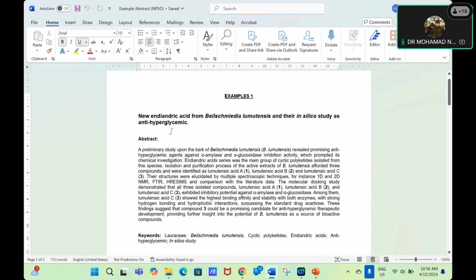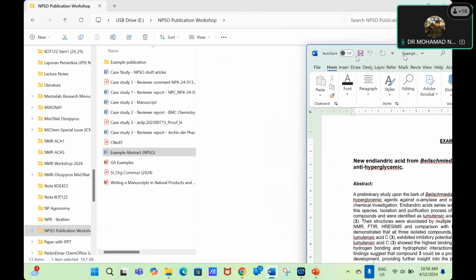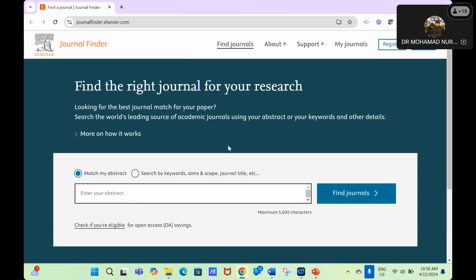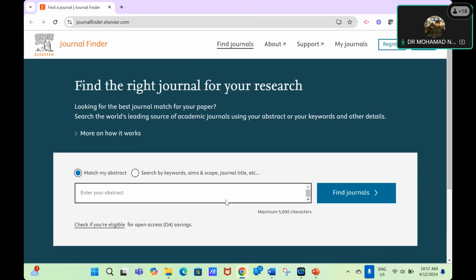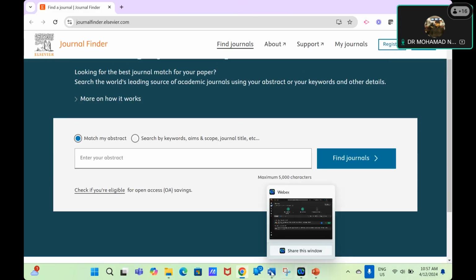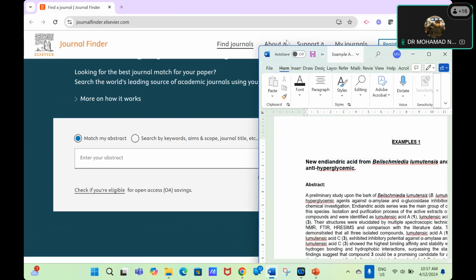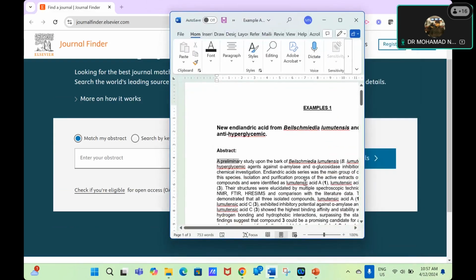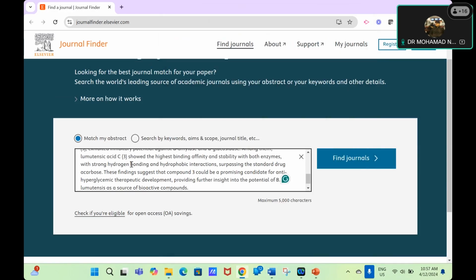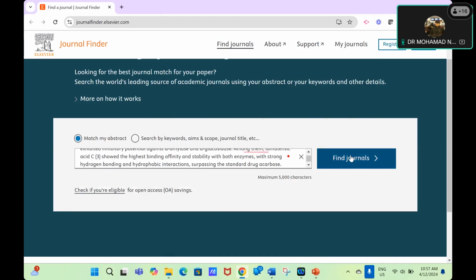Let's check what they need. Cookies. Enter the abstract, so just follow what they need. They ask us to enter the abstract, so we open the abstract, copy the abstract, paste, and after that, find journal.